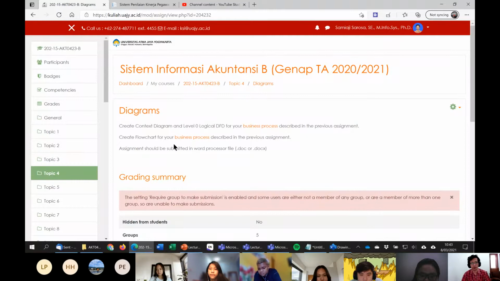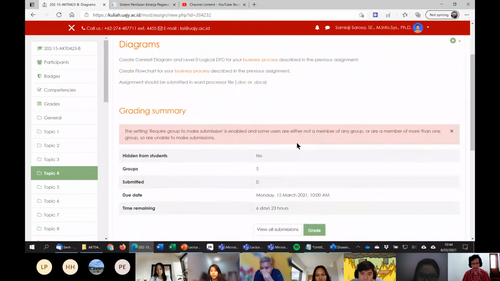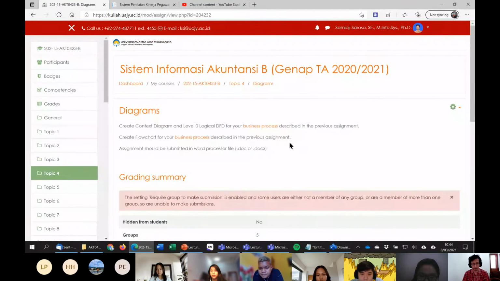You also need to create a flowchart for that business process. I understand that you probably still have problems mastering drawing diagrams, but I would like you to try. Just try and we discuss the result next week. You have until next week. This is again a group effort.